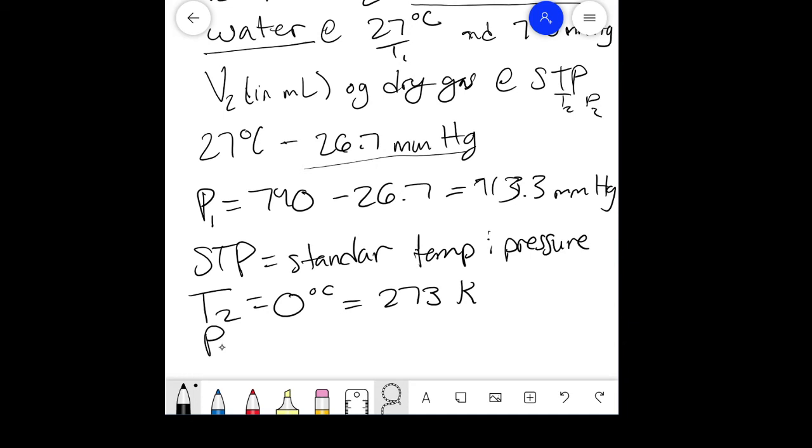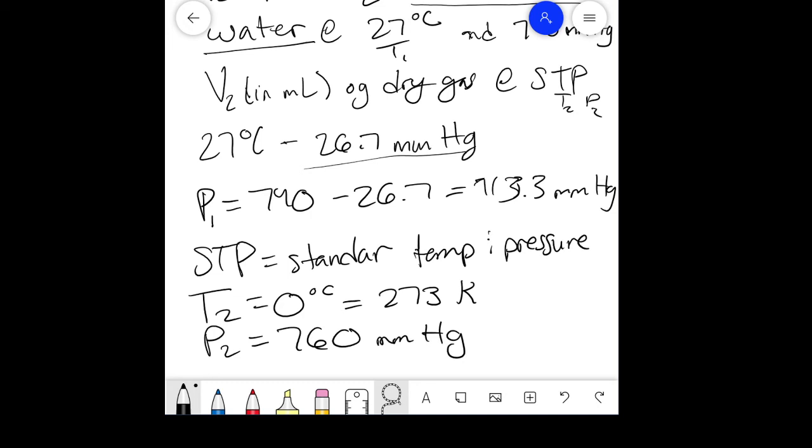And then our P2 can be any of those base conversions: 1 atmosphere, 760 millimeters of mercury, 760 torr, or 101.3 kilopascals. Any of those are our standard pressure. Since the equation is in millimeters of mercury, I'm going to go with 760 millimeters of mercury.